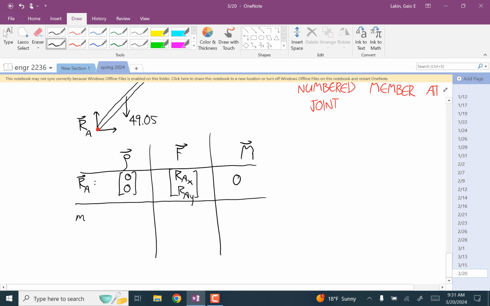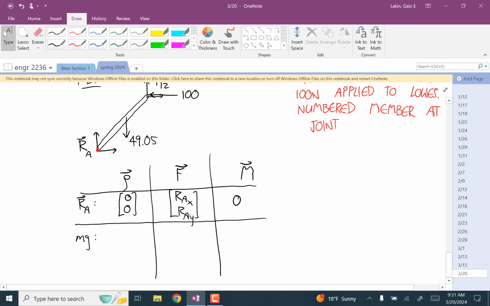And then the weight force. The rho vector goes from the about point to where the force is applied. So the vector that we're thinking of, this is the rho vector. So that is going to be 0.5 times cosine and sine of 45.